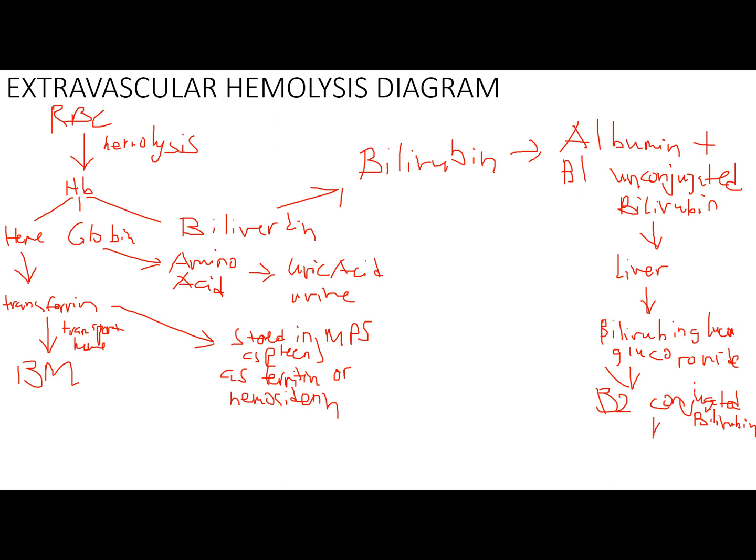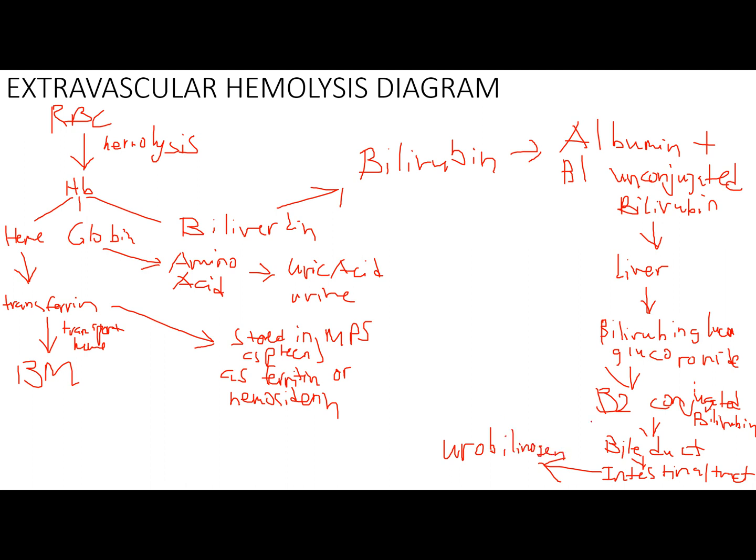where it would now go to the bile duct. Pupunta ngayon siya sa bile duct natin. Tapos pupunta ngayon siya sa intestinal tract. And from the intestinal tract class, kino-convert na naman siya into becoming your urobilinogen.